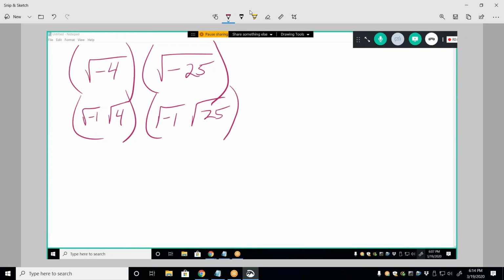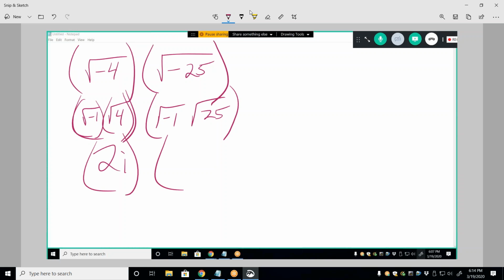Translate each one of these. What's the left? So it's 2i. Multiplying. So it's 2i.